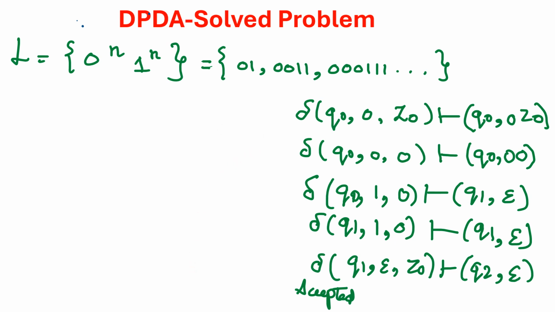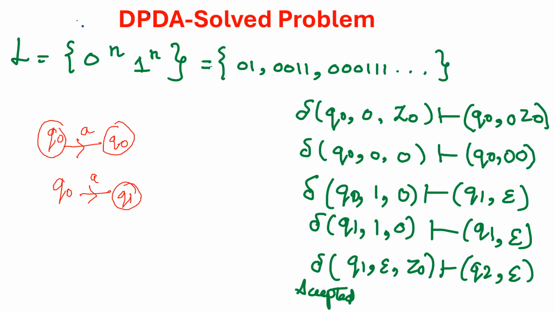Deterministic PDA means that if you read one input, starting with Q naught, and the input is maybe A, it reaches only one state, either Q naught or Q1.